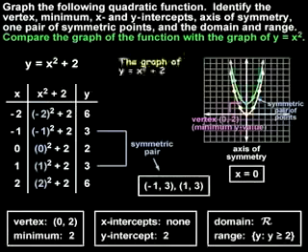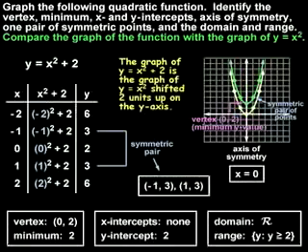So the graph of y equals x squared plus 2 is simply the graph of y equals x squared translated or shifted 2 units up on the y-axis. In other words, the plus 2 after the x squared term shifts the graph 2 units up.